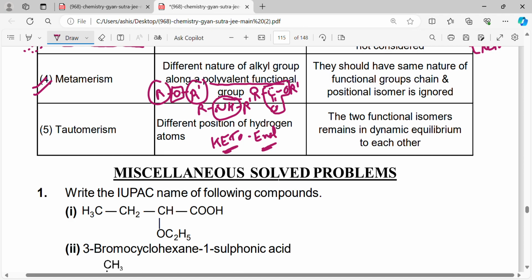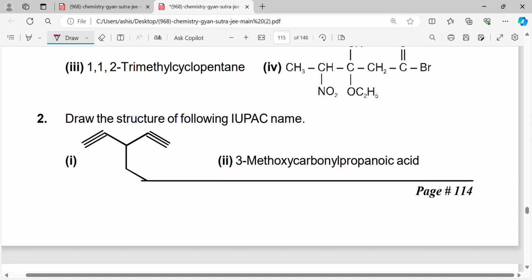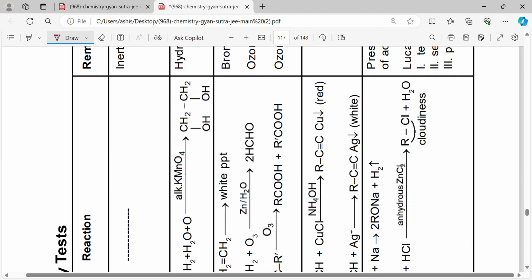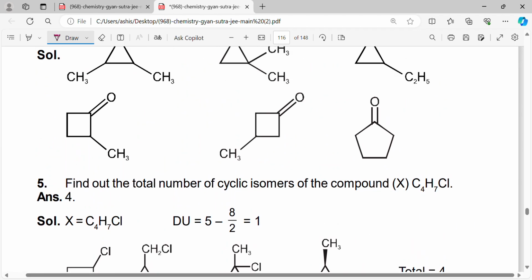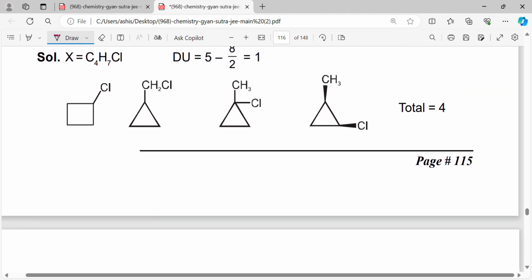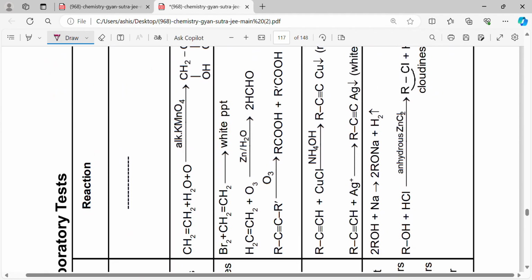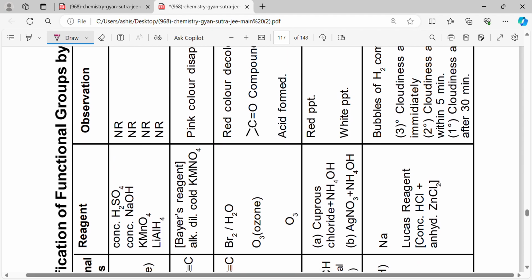Keto-enol: one compound is in keto form and the second one is in enol form. The two functional isomers remain in dynamic equilibrium with each other. Then you can write down the IUPAC name and find out the degree of unsaturation.